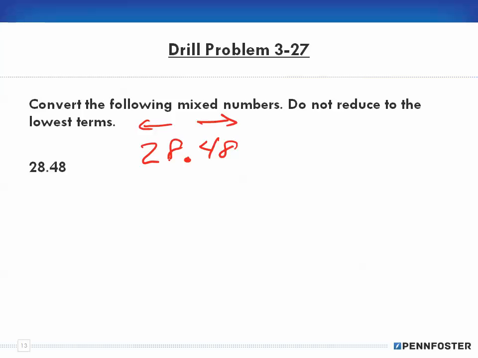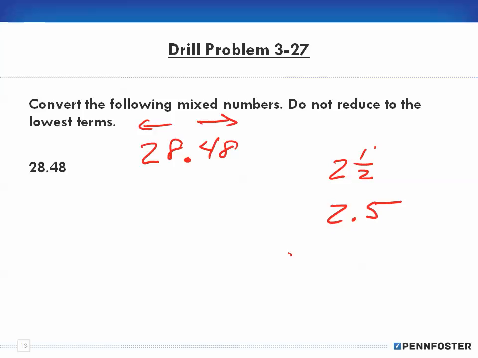Actually, let me create another example to make it a little easier. Let's say I have 2.5.